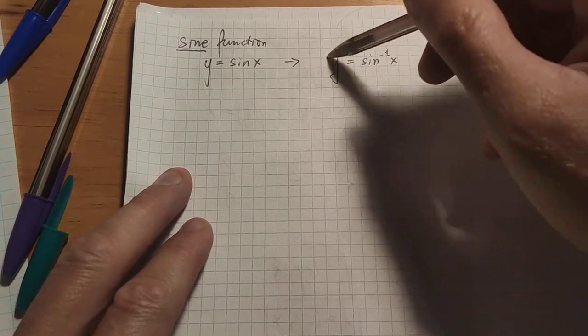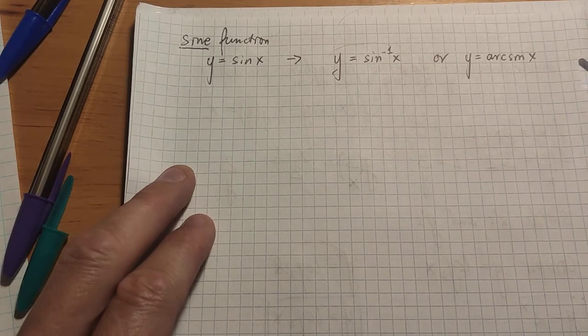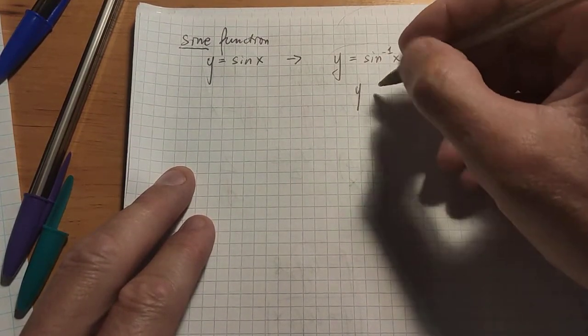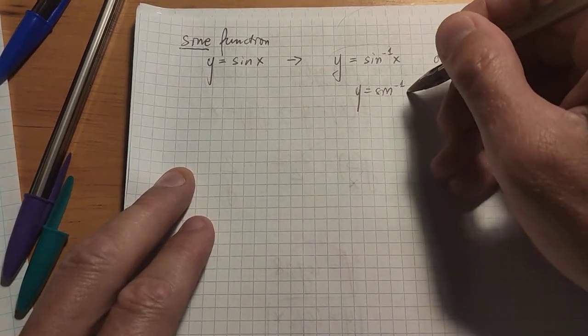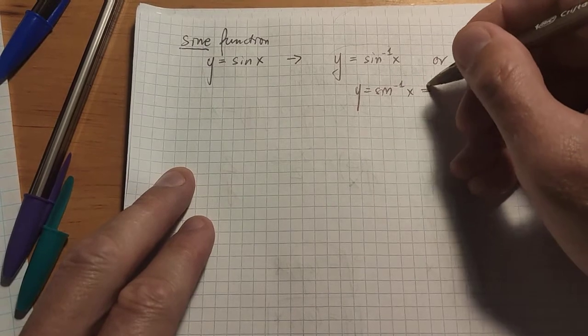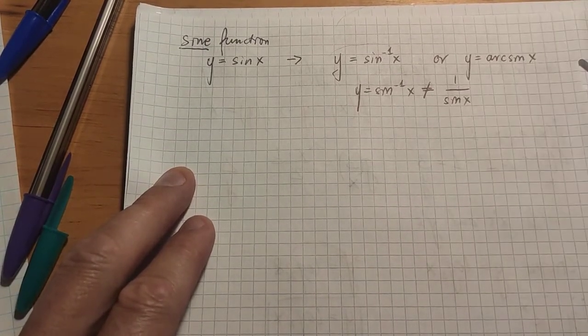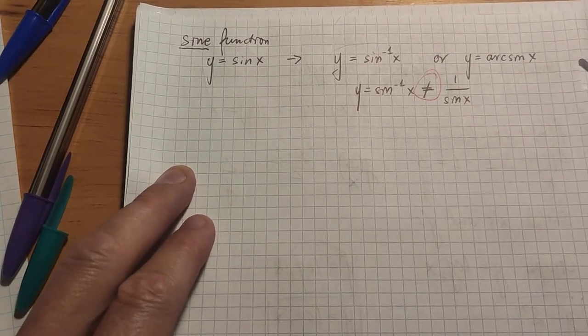You might be confused by this. So this -1 just means inverse. It does not mean, so let me just write it like this. So sine -1 x does not mean 1 over sine of x. Keep that in mind.